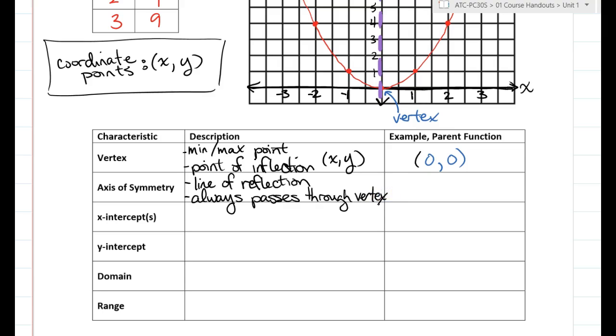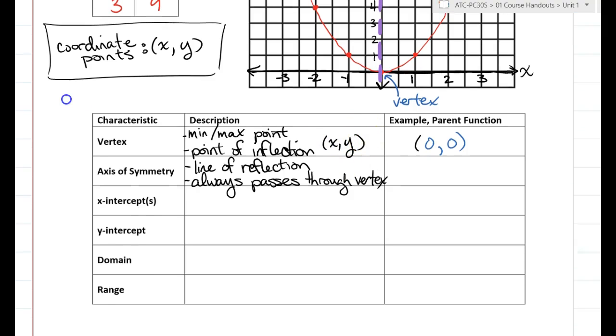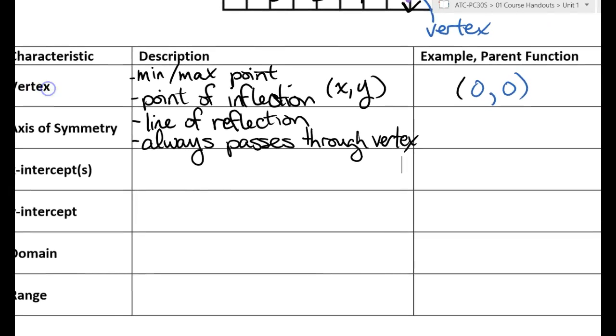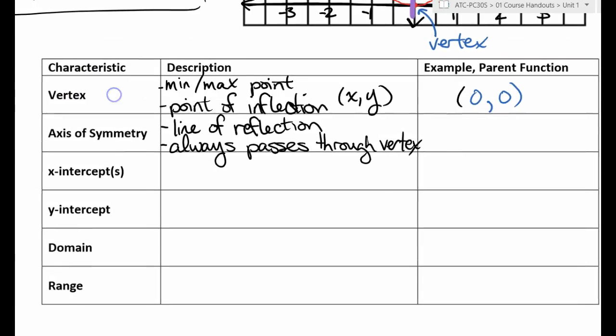So if it always passes through my vertex, then the x value of my vertex is always going to be my axis of symmetry. I'm just zooming in so I can write a little smaller and fit everything in better. So in this case, x equals 0. It is always the same as the x of your vertex.